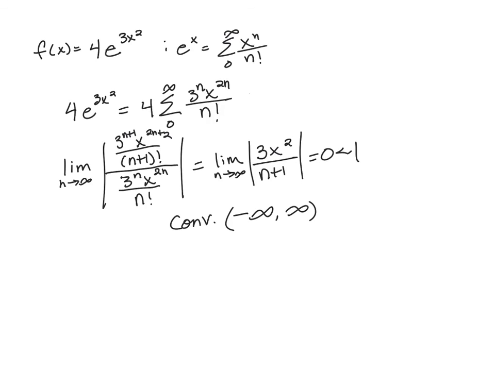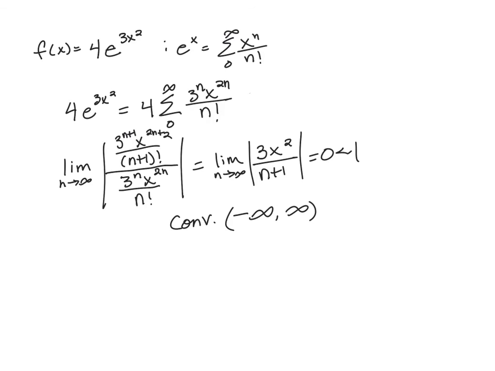Now, let's mix it up a little bit. Once we know our power series for e to the x is just x^n over n factorial, now we have e to the function. We're just going to replace that x with this function. And you see that, well, let me write this down.